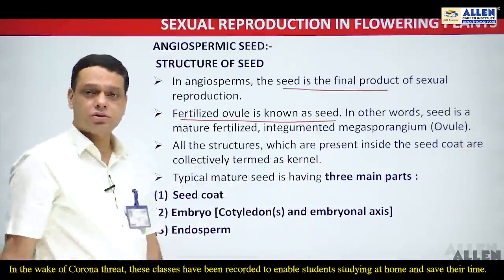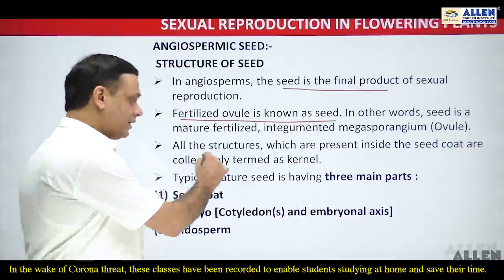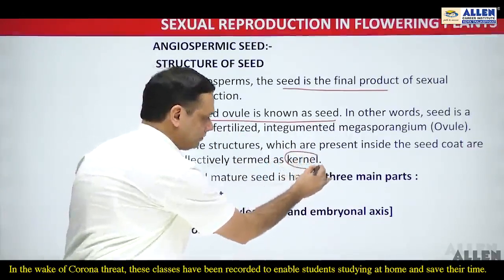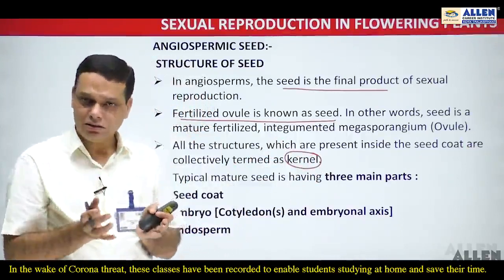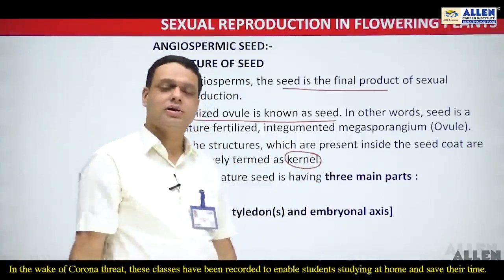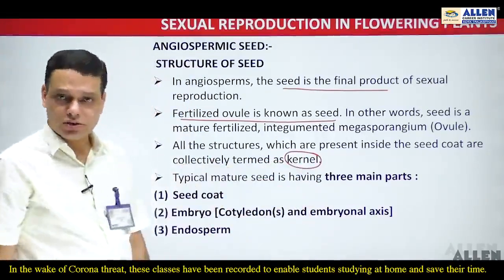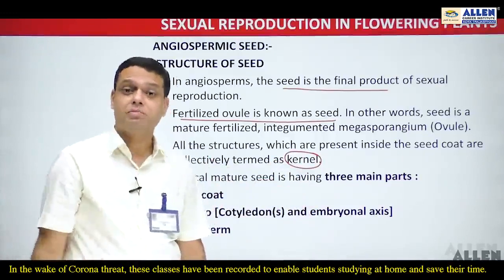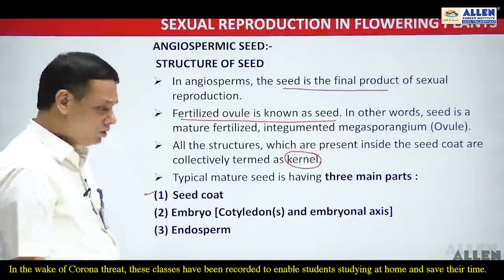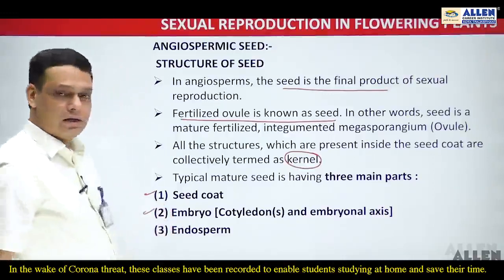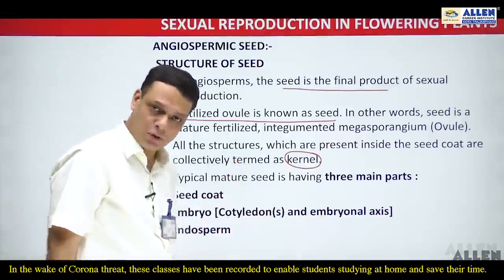All those structures which are present inside the seed coat are collectively termed as kernel. So what is kernel? All those structures inside the seed coat are known as kernel. Now a typical mature seed is composed of three main parts. The first one is the seed coat, the second one is the embryo, that includes the cotyledons as well as the embryonal axis.